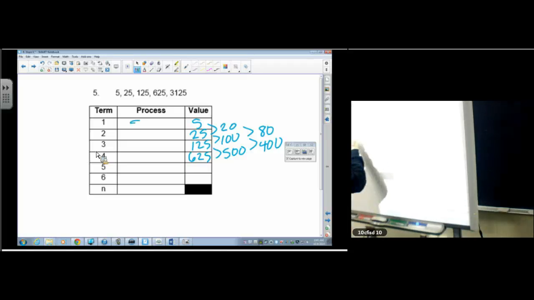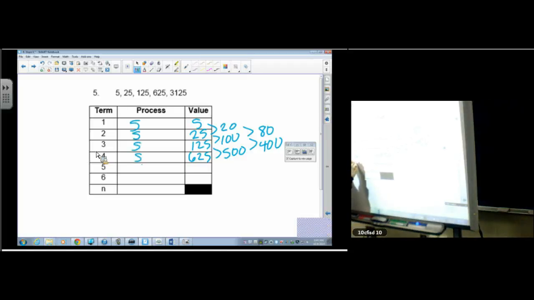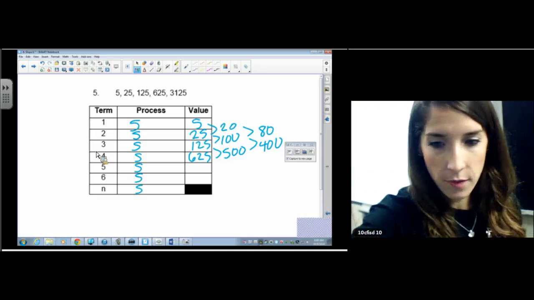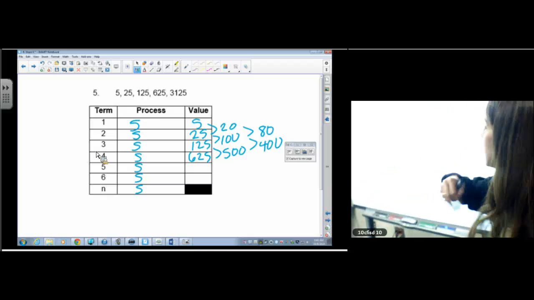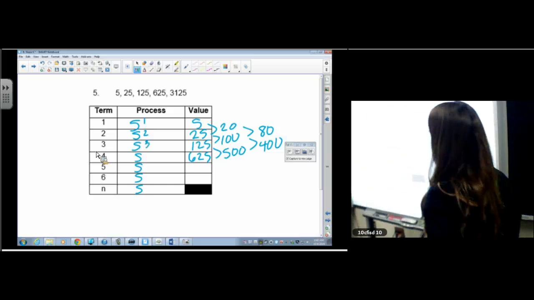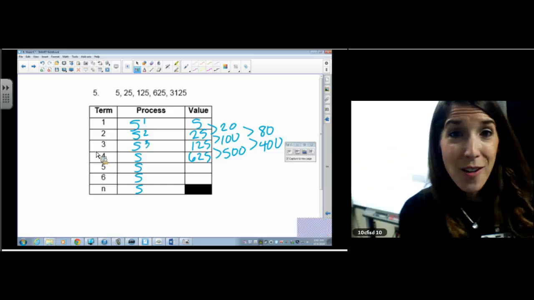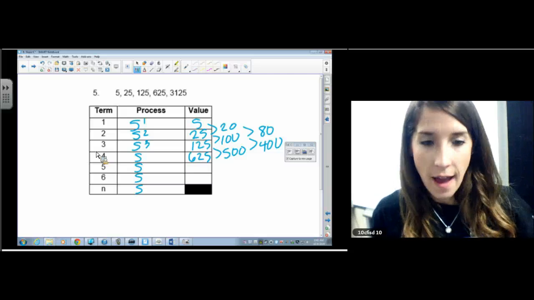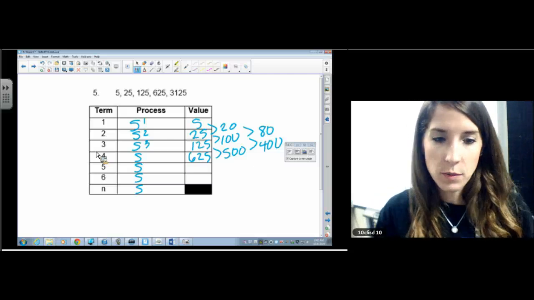So you know that 5 is your base. It's not your coefficient. That's a different word. 5 is your base. It's not your coefficient, okay? So be careful. 5 is your base, and then you just play with it. Well, on this one, if I raise it to the 1, to the 2, to the 3, I don't have to tweak it at all. Like that, I'm done. 5 to the 1 is 5. 5 squared is 25. 5 to the third is 125.